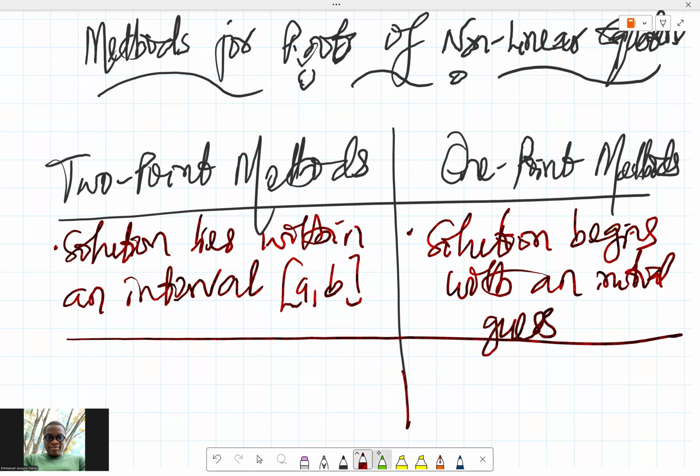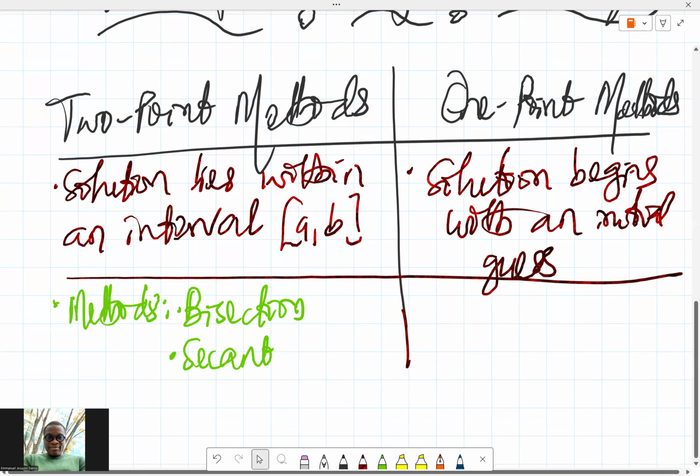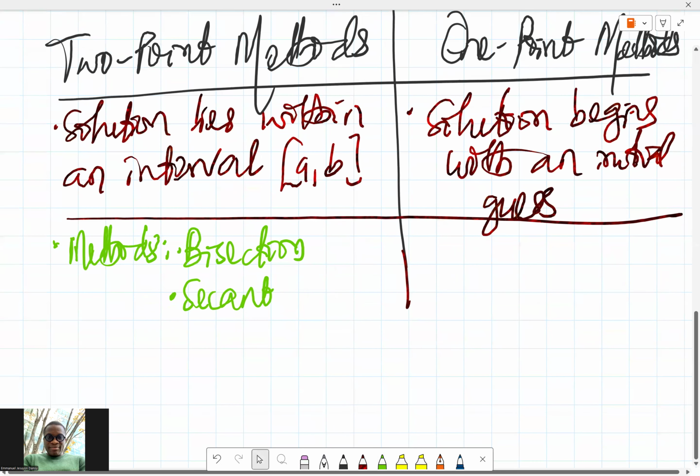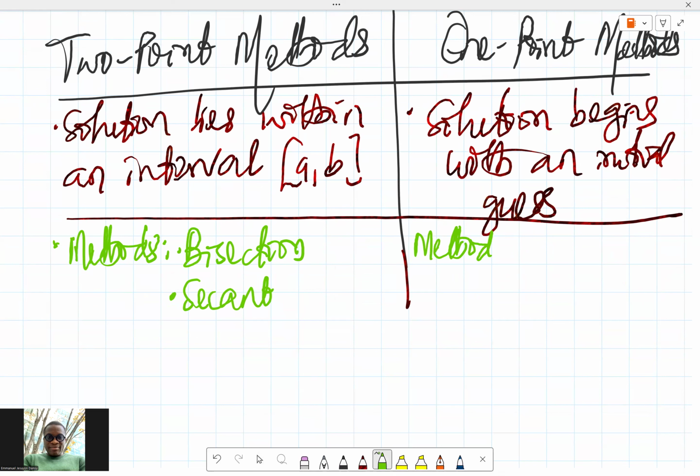Then what if we talk about the specific methods? The methods for the 2 point methods are bisection, which we've started talking about already, and secant. For the 1 point methods, you talk about fixed point iteration and Newton-Raphson.